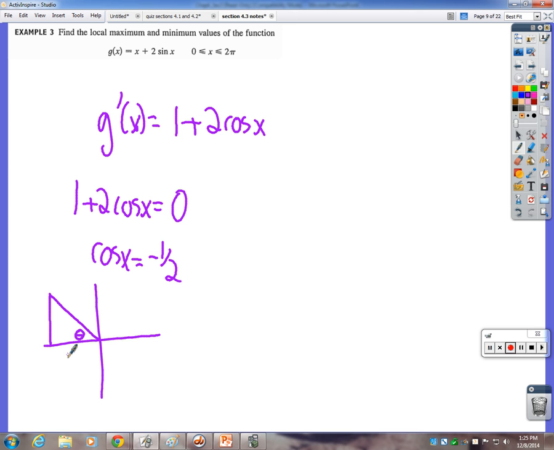Adjacent over hypotenuse. So if the cosine of x is negative 1/2, I should make that x, not theta. So this angle here is x that I'm trying to find, and this is negative 1, and this is 2. And what is this right here? Root 3.